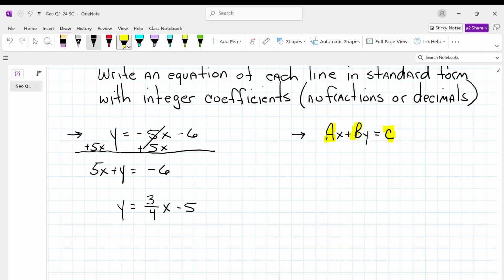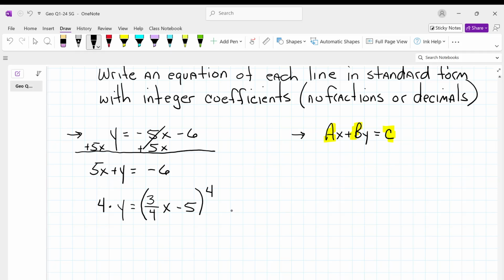So in this case, you can see that what's in front of the x, the a, is a fraction. So when you've got a fraction in this initial equation, you multiply everything by the denominator. So we multiply everything on the right-hand side by 4, and we multiply the left side by 4.